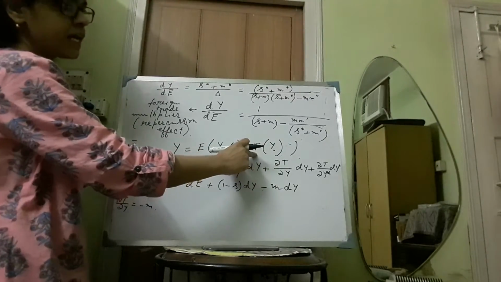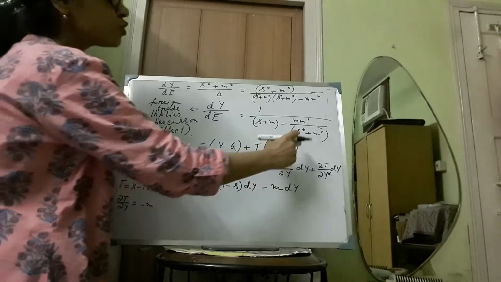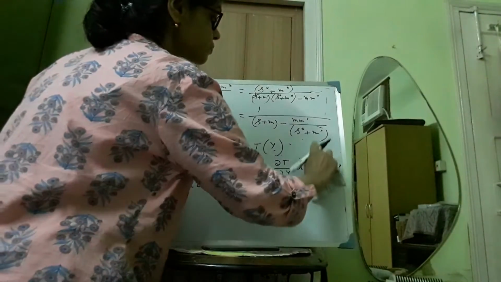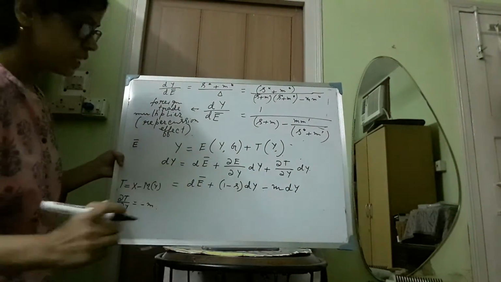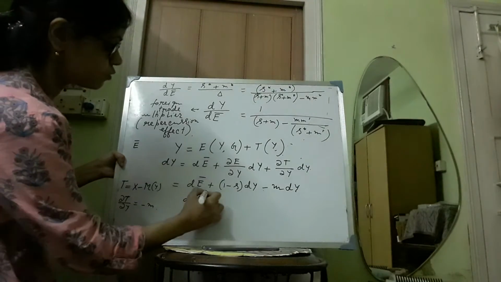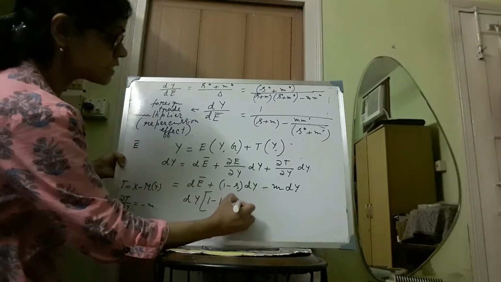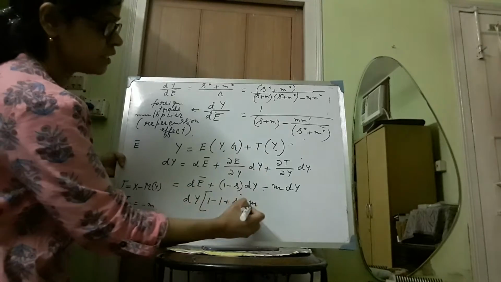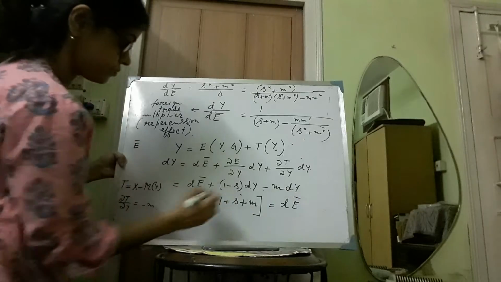So here the trade balance of the domestic economy is simply a function of y, the domestic income. Therefore y star will not come here, so this term will not be there when we take the total differential. So from here, what are we getting? If we take dy common, then on the left hand side we will have 1 minus 1 plus s, and then plus m here, and on the right hand side we have dE bar.